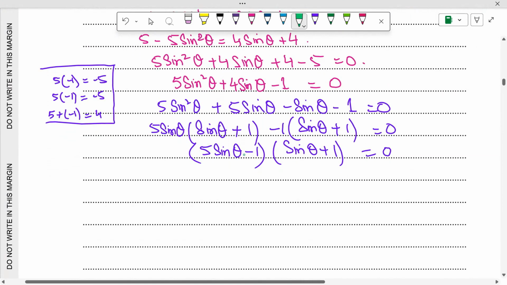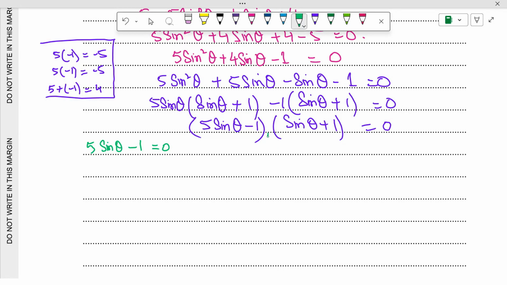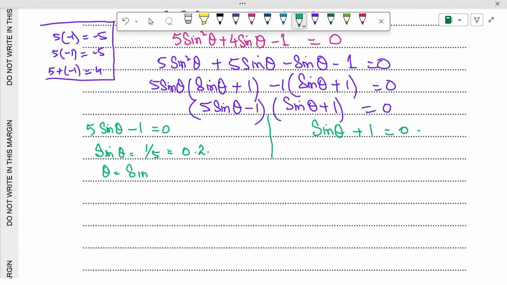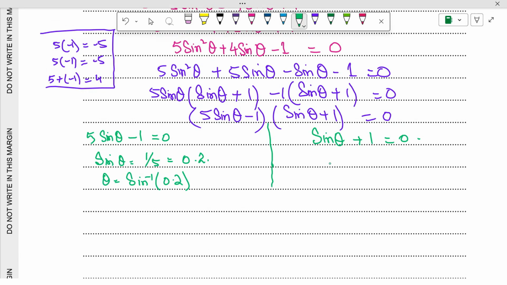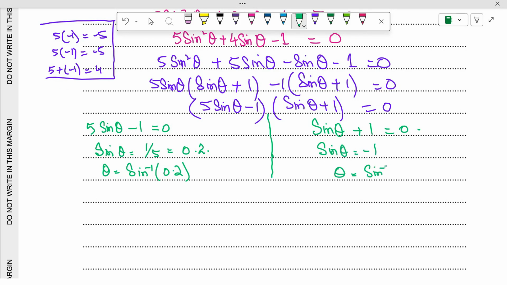Equating each with 0, we will have 5 sine of theta minus 1 equal to 0, and on the other side we will have sine of theta plus 1 equal to 0. And sine of theta is equal to 1 over 5, which is equal to 0.2. So theta in this case is equal to sine inverse of 0.2. On the other side, we will have sine of theta is equal to negative 1, and theta is equal to sine inverse of negative 1.